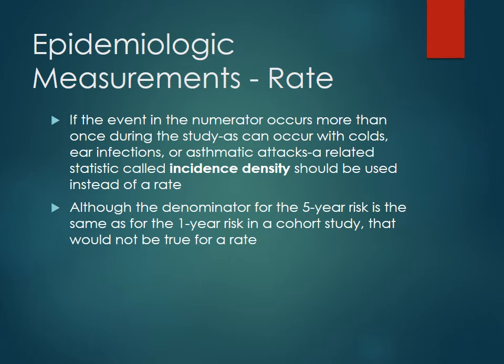When using things that can happen multiple times, I'm still looking at that same initial group of people because that can happen multiple times. If I'm using rates, when someone's died off, they can't really be included in that number anymore. So that's where the big difference is here, where things that can occur multiple times are better to use with incidence density.